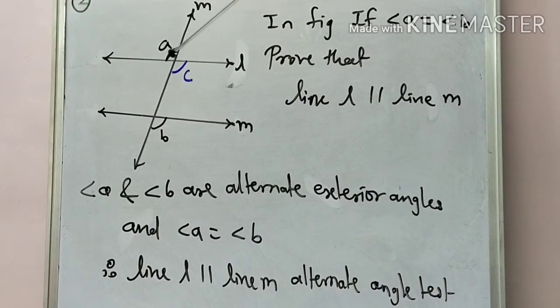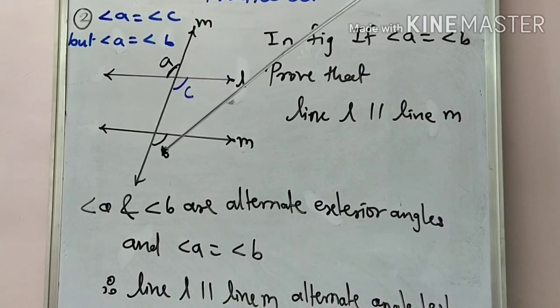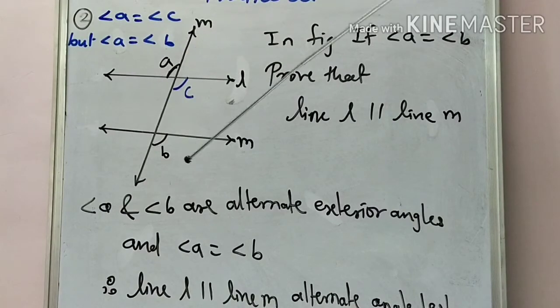So we can say A is congruent to C as vertically opposite angles, and it is given that A equals B. So if the first angle is congruent with the second, and the second with the third, then the third angle is congruent with the first, the transitivity property. Okay, so we can prove B equals C, meaning corresponding angles are congruent, and hence by the corresponding angle test also the lines are parallel to each other.